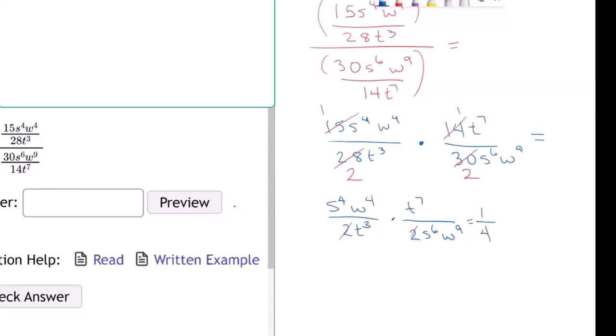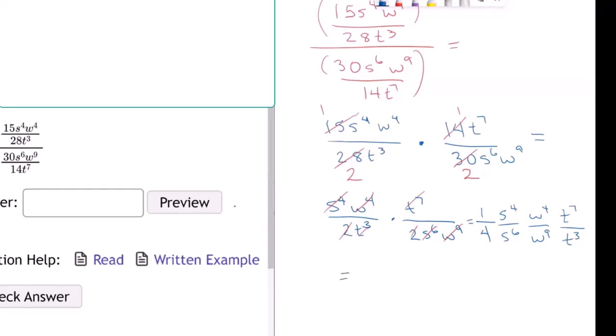I have s to the 4th divided by s to the 6th. I have w to the 4th divided by w to the 9th. And last, I have t to the 7th divided by t to the 3rd. That takes care of all my factors.